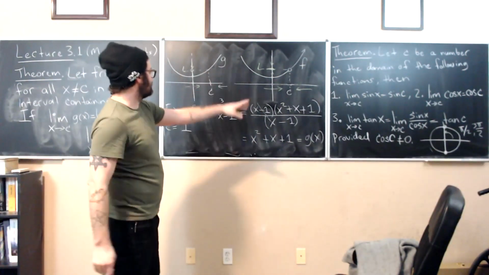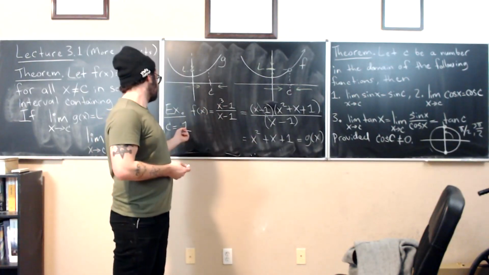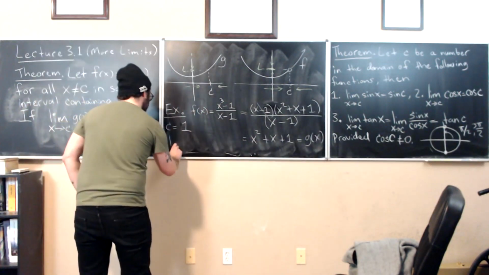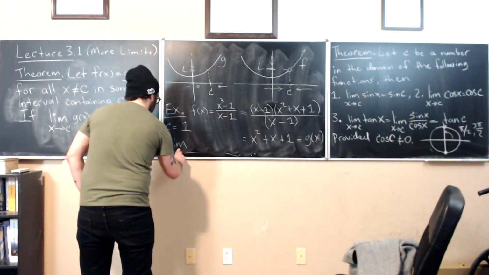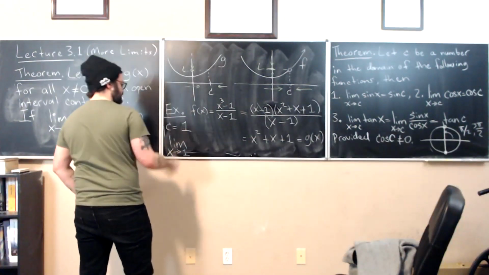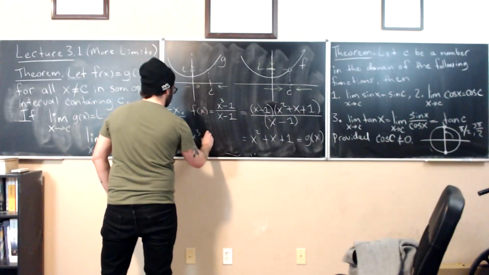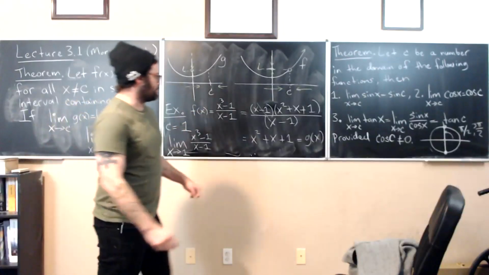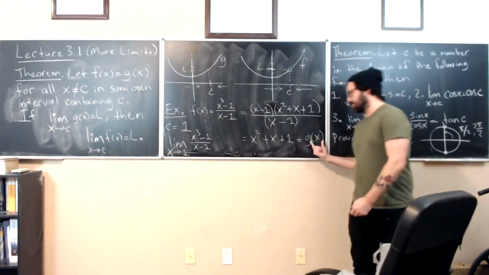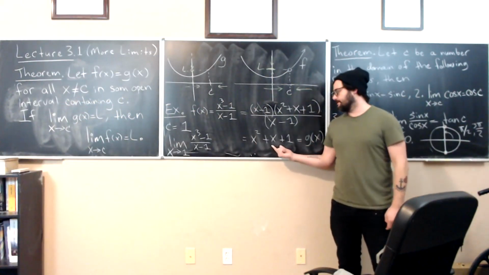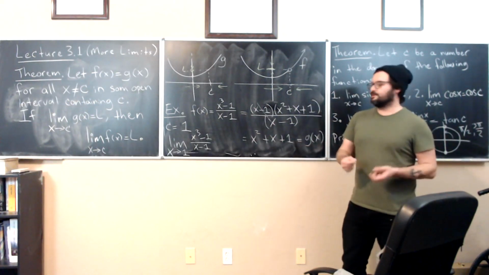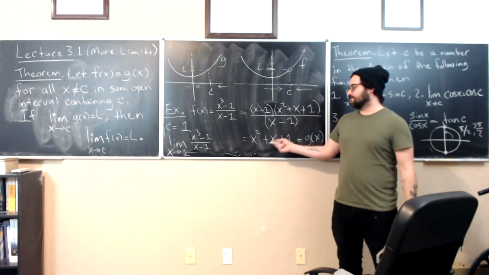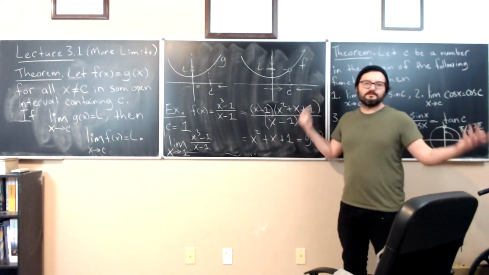So then, because these are the same function except they differ at c equal to 1, we could apply this theorem and say that the limit as x approaches 1 of x cubed minus 1 over x minus 1, which is just f, is equal to the limit as x approaches 1 of this thing, which is really simple to evaluate, right? This is a polynomial. For polynomials, we know that we can just plug in the limiting value by a previous theorem. So plug in a 1, we get 1 squared plus 1 plus 1. So 3, right?